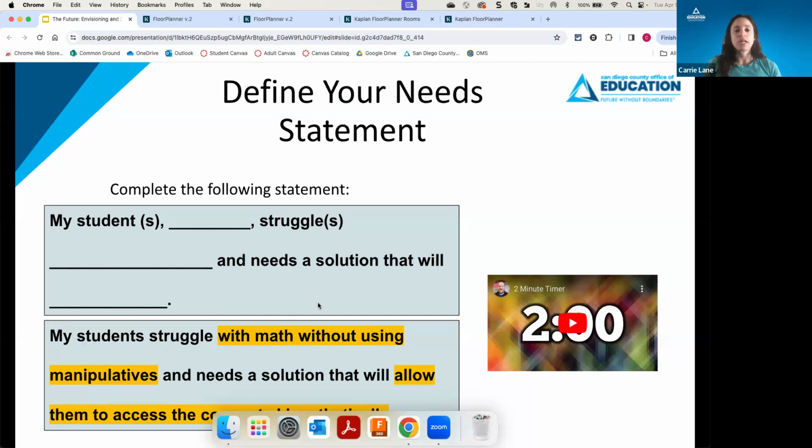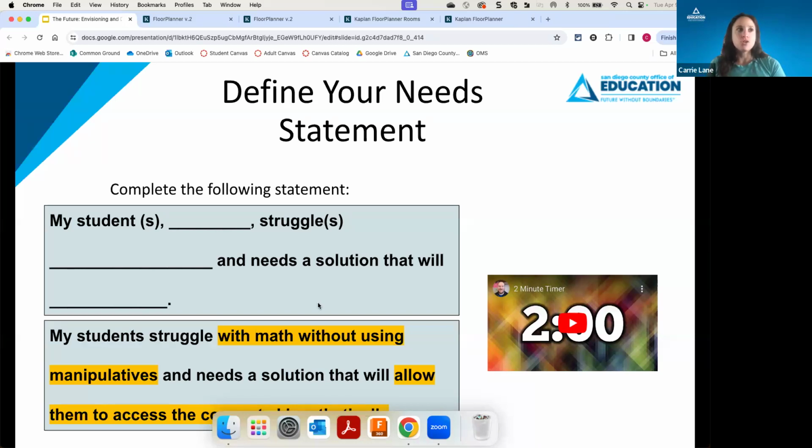Depending if you're doing it for one student, my student struggles with, and I put, my students struggle with math without using manipulatives and need a solution that will allow them to access the content kinesthetically. Now, as I'm starting to move into the next phase, this is where I would start to think about, okay, if they need to access things kinesthetically, what are my ideas? What are my options? We'll continue with this need statement when I give you the example.